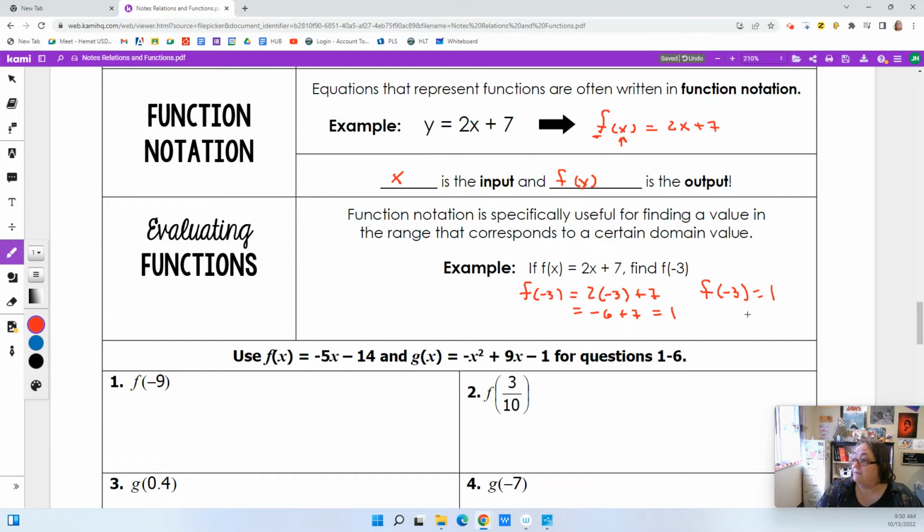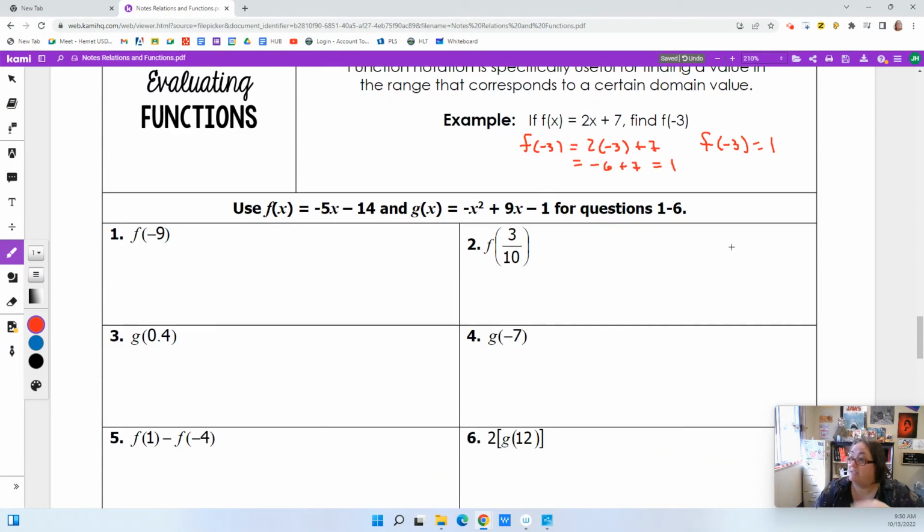And your assignment is going to work just like these problems right here. You're going to be given two equations. Here I have f of x equals -5x minus 14, and I have g of x equals -x squared plus 9x minus 1. And so if it says f of -9, we're going to use the f equation.